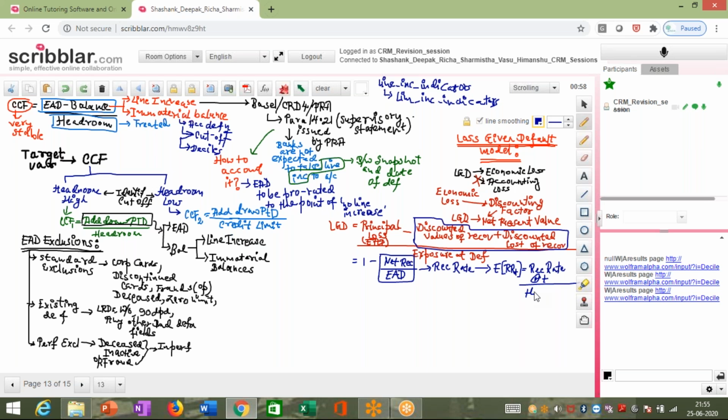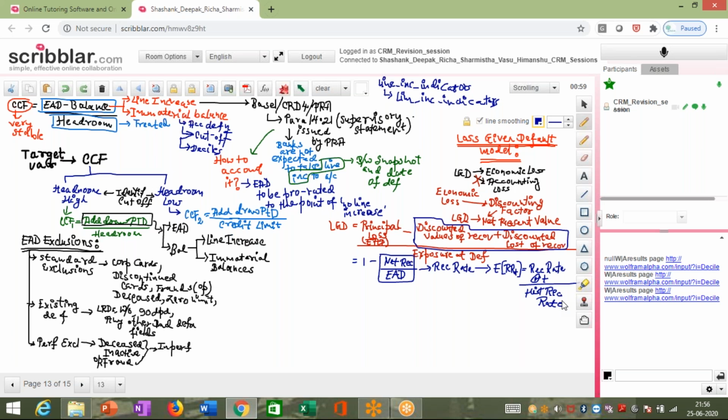Now, if I am adjusting this recovery rate with the historical recovery rate, what am I essentially doing? I am taking into account the fluctuation which has happened across business cycles, adjusting for the effects of the fluctuations.